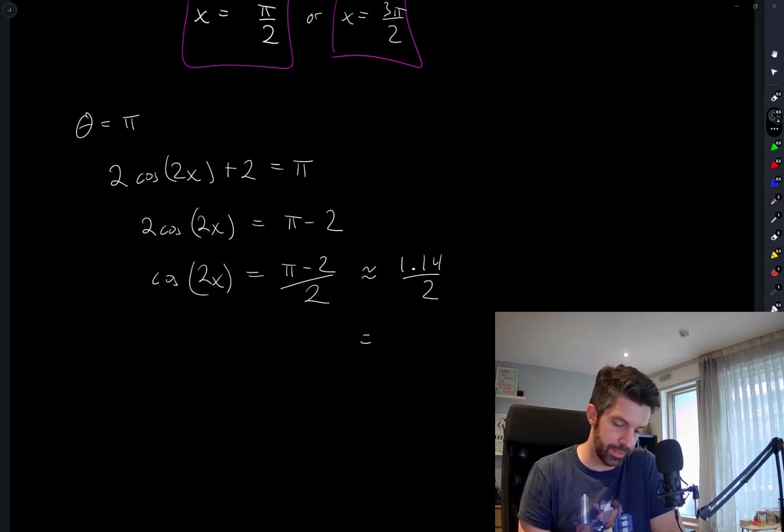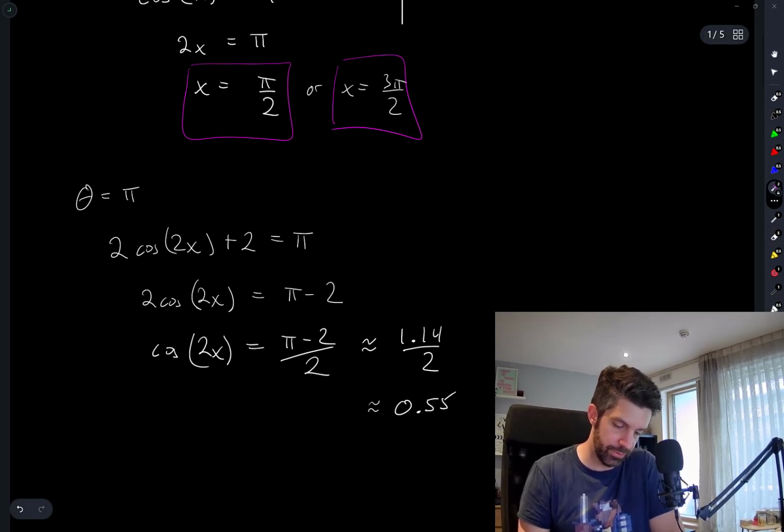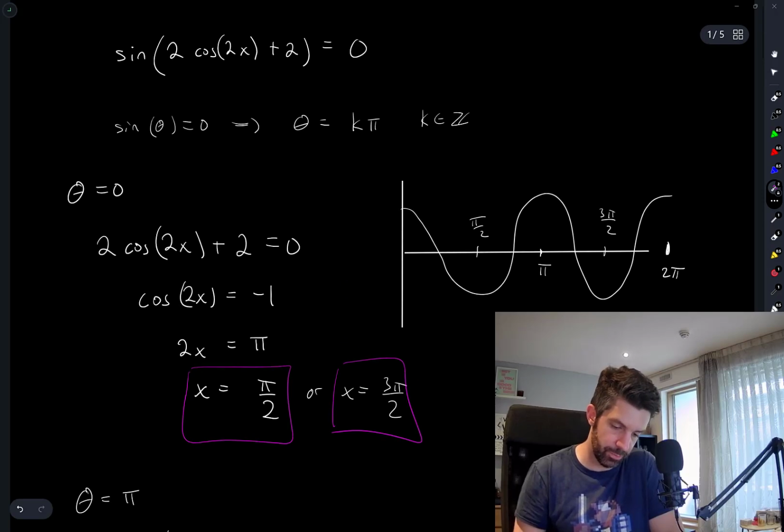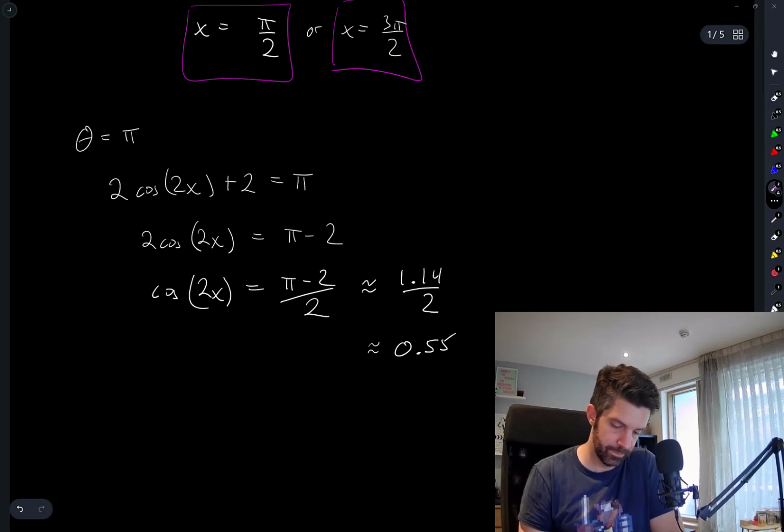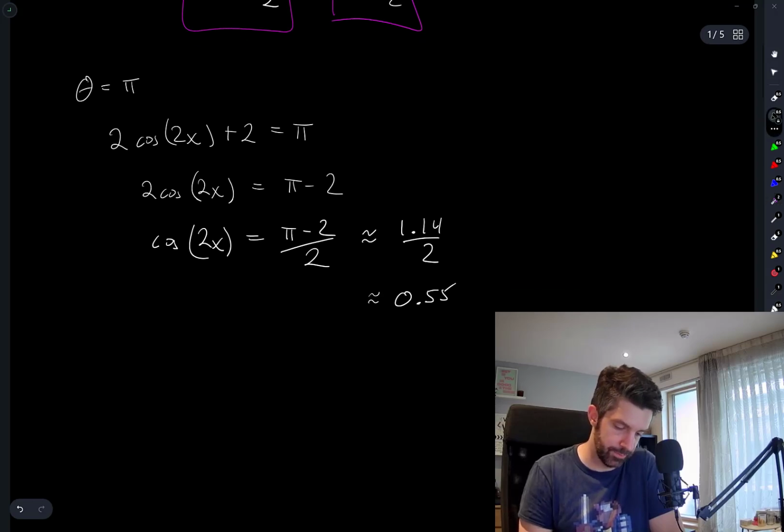So that's approximately, let's just call it 0.55. The exact number is not going to be relevant. Okay, so when theta is equal to pi, 0.55, if we look at this figure up here, there's clearly going to be 4 solutions to this. 1, 2, 3, 4. Okay, so this gives 4 more solutions.